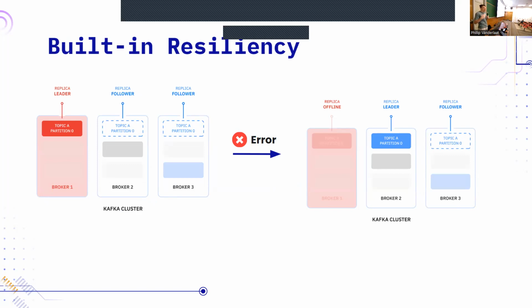The leader is the one that has the active version, let's say. Then you have followers. Again, let's say broker 1 goes down. The idea here is that you can transition the leader role to a different partition. Now broker 2 is the leader for partition 0 of topic A. So you have this replication factor, again, built-in resiliency, which was really important. One of the main factors why LinkedIn actually created Kafka, because existing systems didn't have this sort of feature.